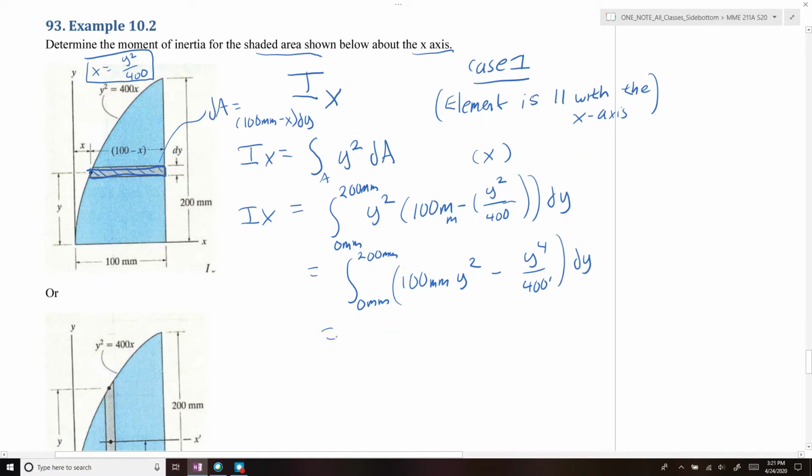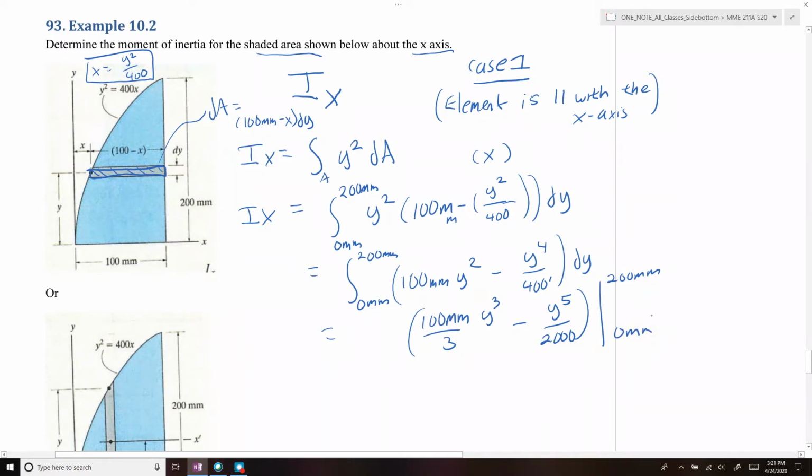If we integrate that, we get 100 millimeters y cubed over 3 minus y to the fifth over 2000, and we have to evaluate that from 0 millimeters to 200 millimeters.